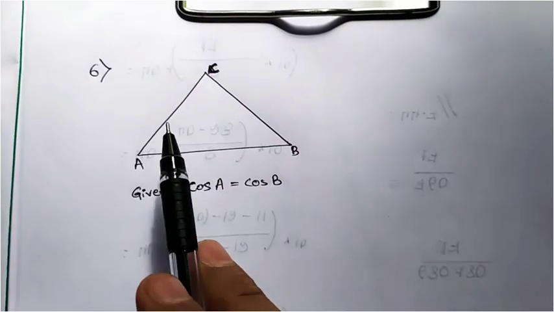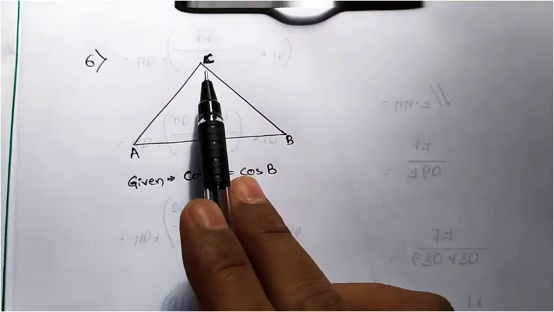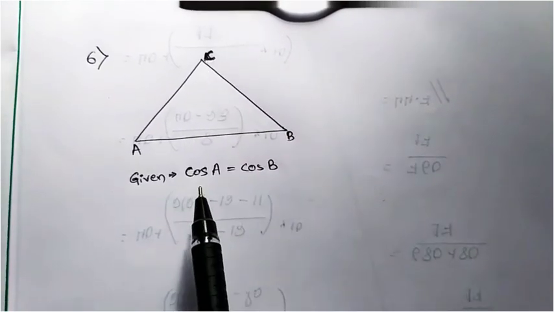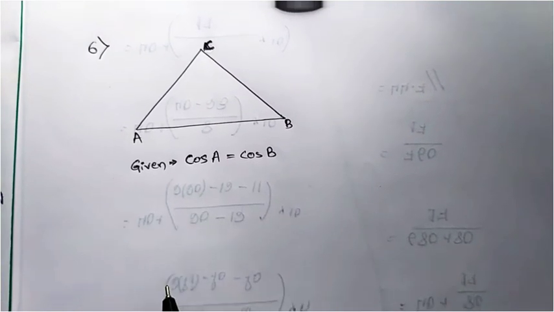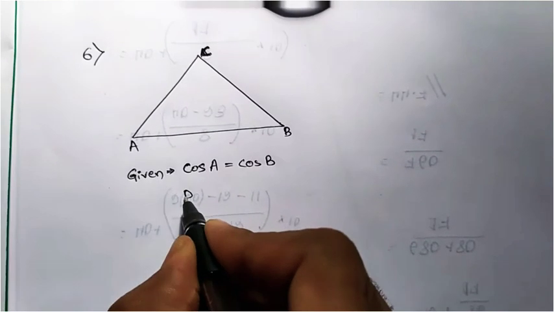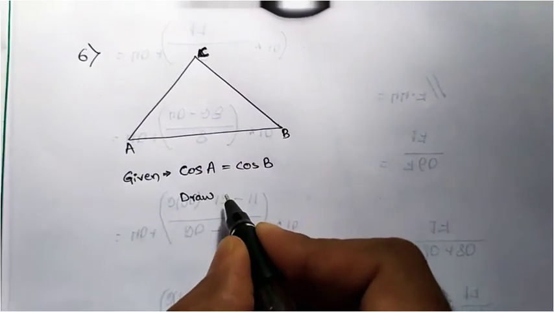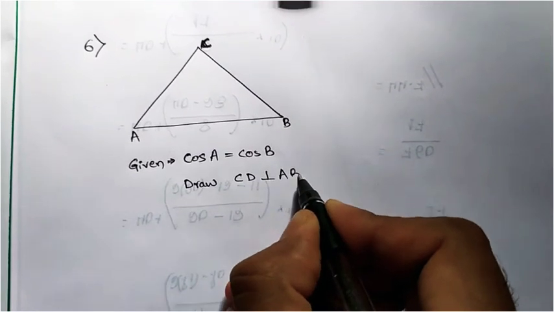Draw one triangle ABC. A and B are acute angles, and I took C also as an acute angle, but trigonometry depends on the right angle triangle. For this we have to draw one perpendicular, so let's take CD perpendicular to AB.